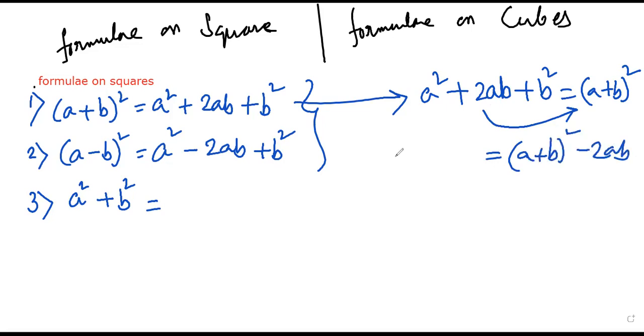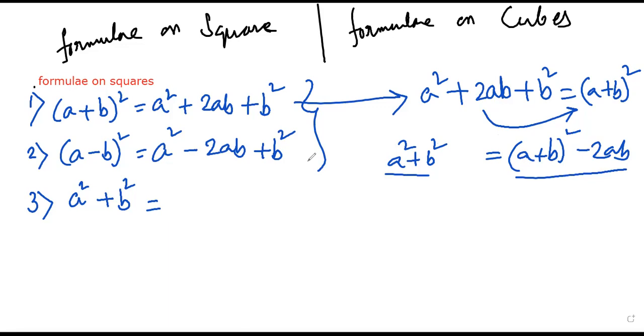We know that if we bring any term from left hand to right hand and right hand to left hand, there will be a change in symbol. That is why it was a plus symbol on the left hand side, and when we bring it to the right hand side, the symbol changes and turns into a minus sign. So this will be the formula for a square plus b square.